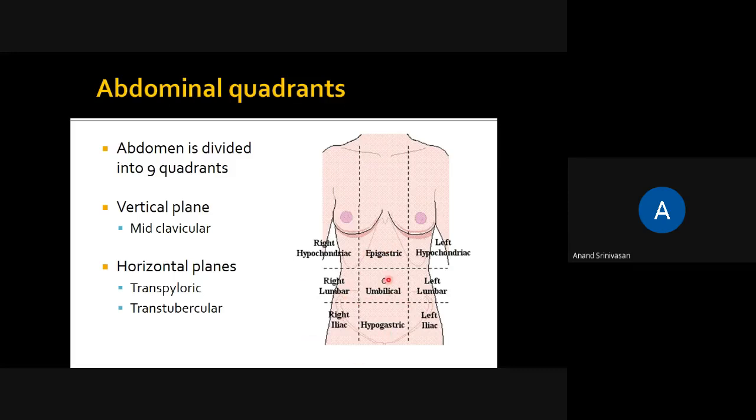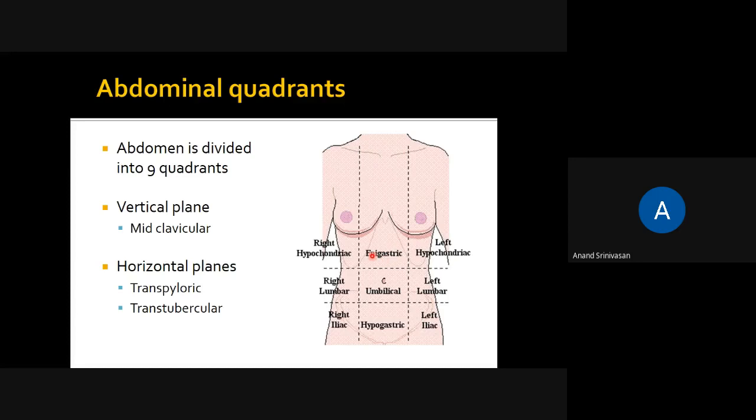So what are the 9 quadrants? Let's look from the center. You know there is the umbilicus, right? So this one is called the umbilical region. Above this is the place where the stomach is present. Stomach is also called gastric.